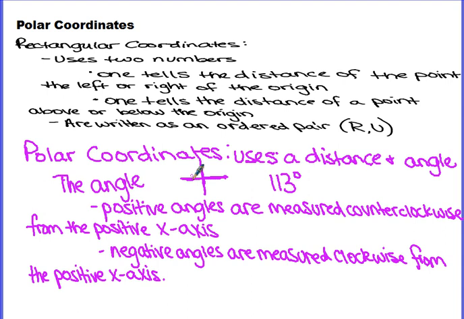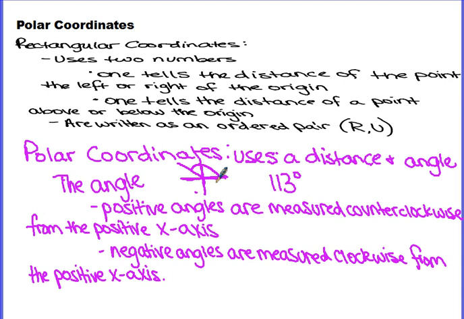Positive angles are measured counterclockwise, so they're going to be going this direction from my positive x-axis. If I go counterclockwise 113 degrees, from this axis to this axis is 90. Keep going a little ways further, and about right there is 113 degrees. So we're looking at this angle here.